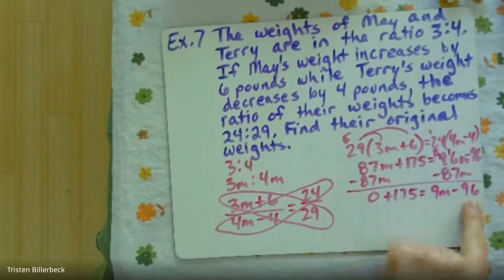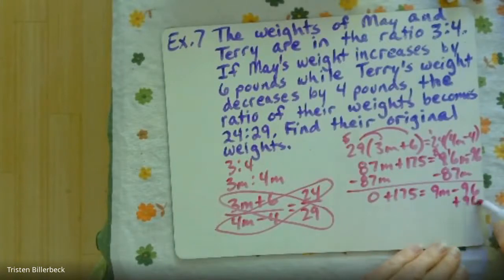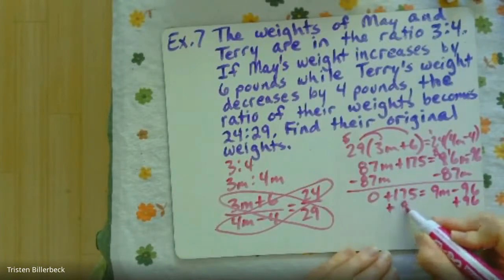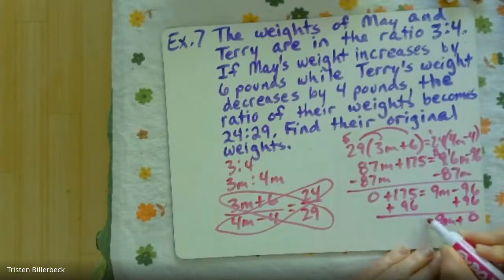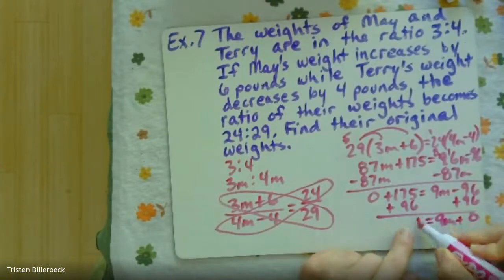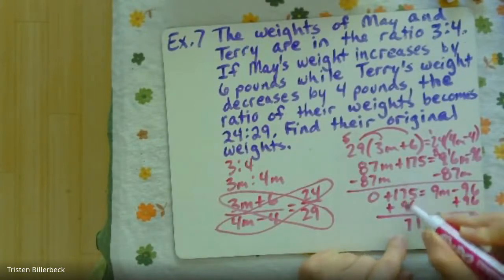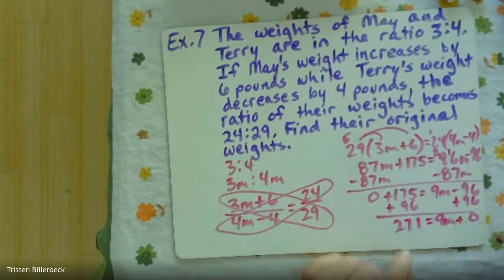So now we need to move the constant to the constant. It's a minus 96, so we add it. So we have 0, 9m equals, we add this, we get 270.